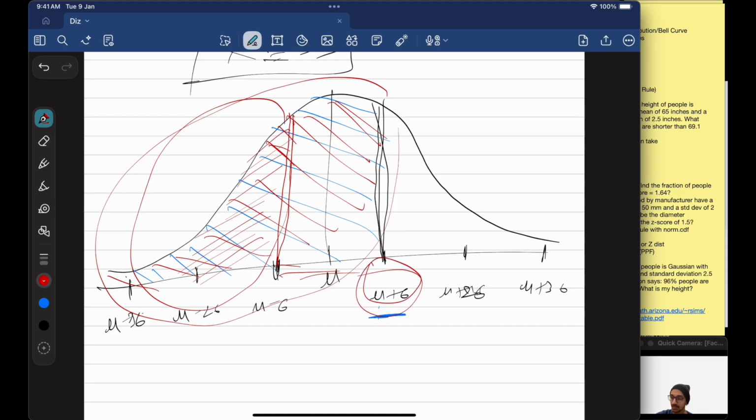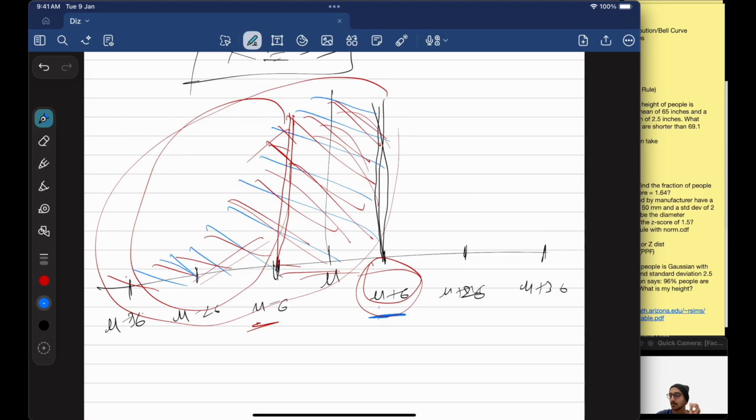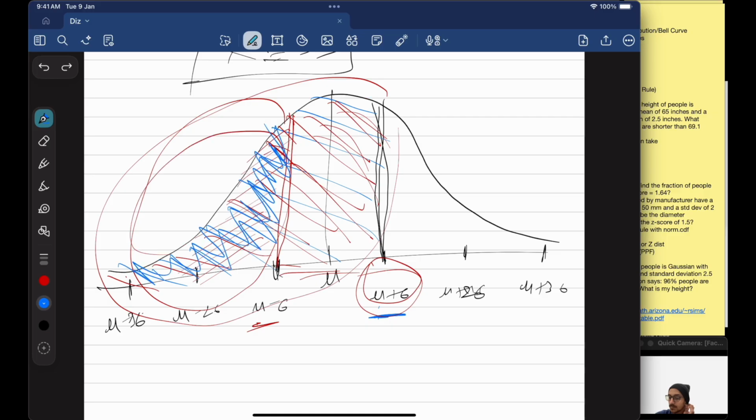So let's say till here. From all of this, I have to remove this, mu minus sigma. I have to remove this stuff here. Right? I hope that was clear.